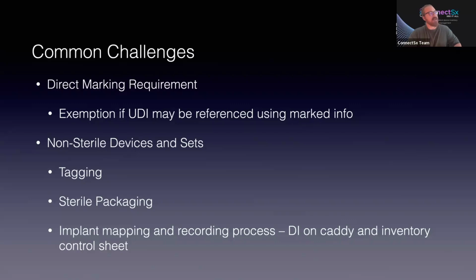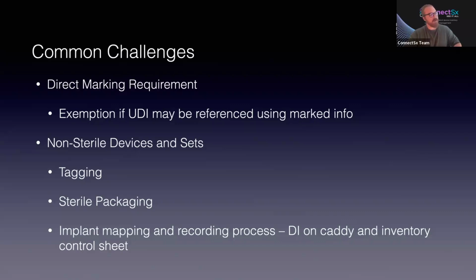But the FDA, after significant review and work with industry groups, created an exemption. So as long as there is other information on the device that will allow you to reference the UDI, so probably catalog number and lot number, I'm thinking, those devices would be exempt from the direct mark requirement.